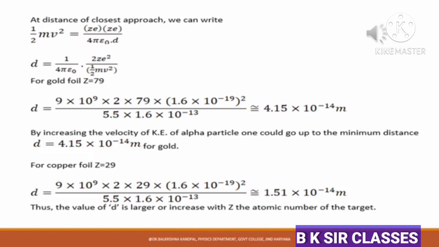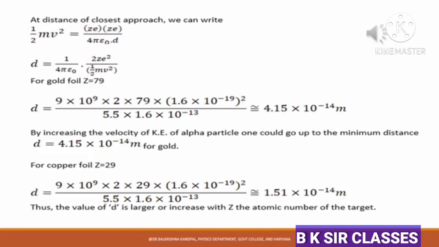So we will write D is equal to 9 into 10 to the power 9, this is the value of 4 pi epsilon 0, into 2, Z is 79, the charge on electron 1.6 into 10 to the power minus 19, and it will be squared, divided by 5.5 into 1.6 into 10 to the power minus 13. So the value will be approximately 4.15 into 10 to the power minus 14 meter.